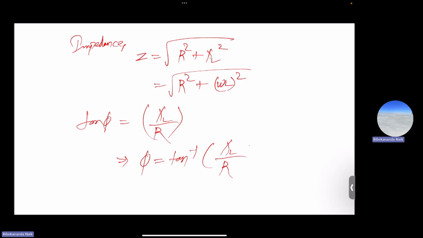So what will be the value of tan phi? From the question, tan phi is omega L by R. Omega is given as 500, L is 0.02 Henry, and R is 10 ohm.